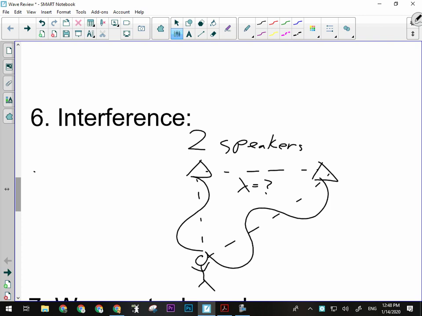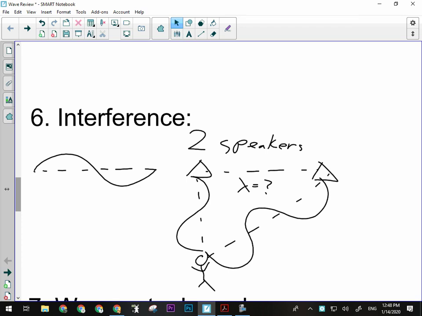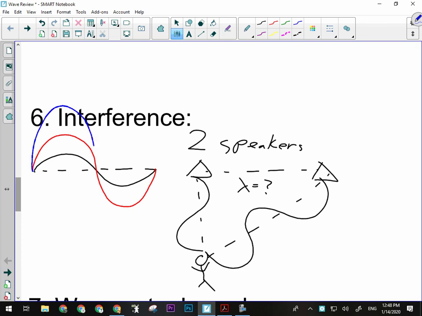So if I had that wave and that wave overlapping in the same medium, I would ask you to draw the resulting shape of the medium. What would it look like? It has to be really, really big. Like that.